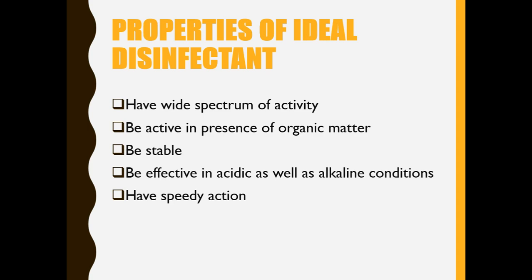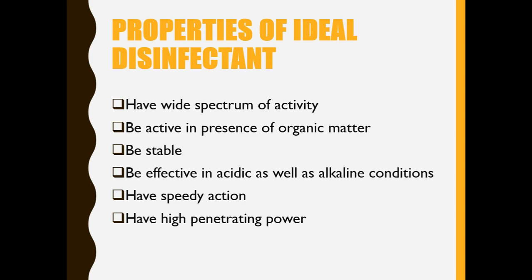Next character, they should have speedy action. When the agent is applied on a surface or any object, it should act very rapidly so that it is able to kill the microorganisms with high speed. The next character they should possess is higher penetrating power.